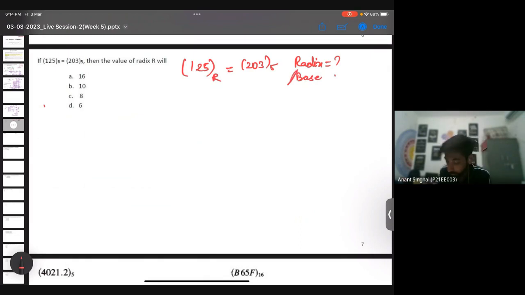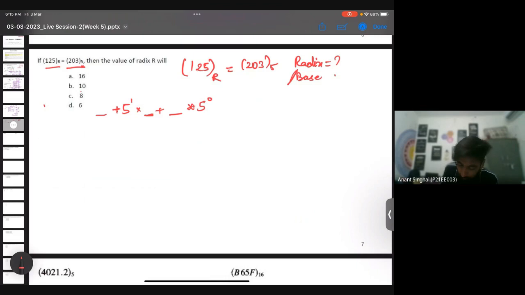We need a basic understanding of how to convert from one base to some other base. For that there is a basic formula: whatever the base is, we need to start from the zeroth power of it, and then for the ones digit we need to multiply it by 5 to the power 1.